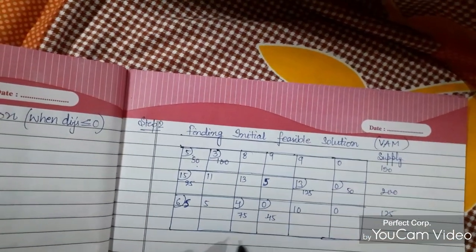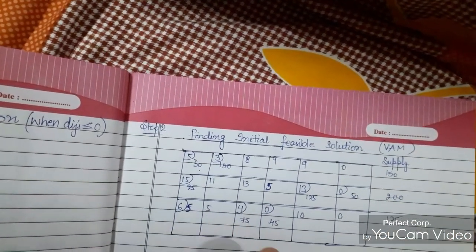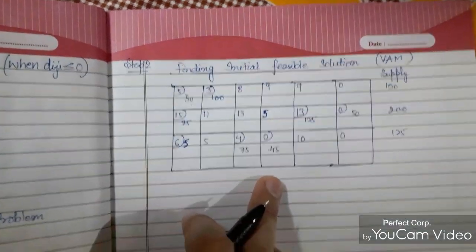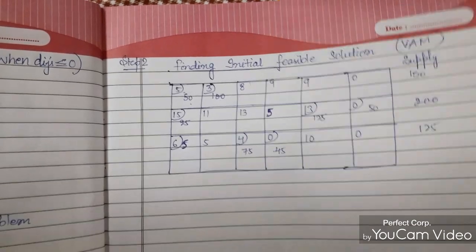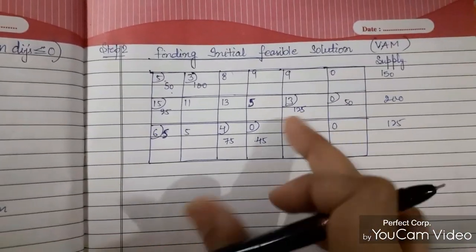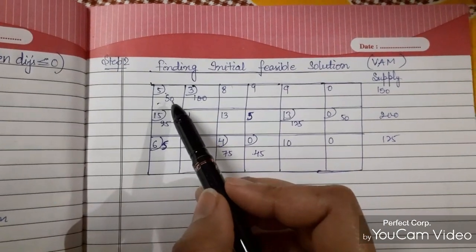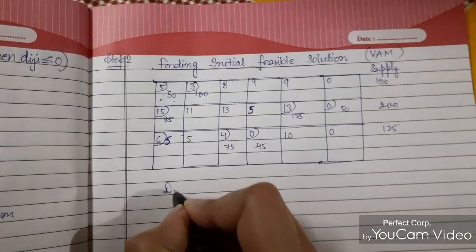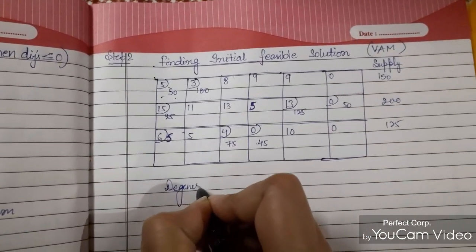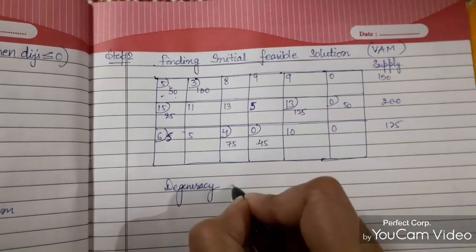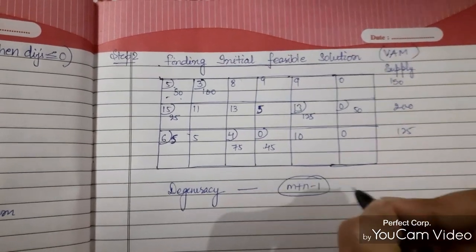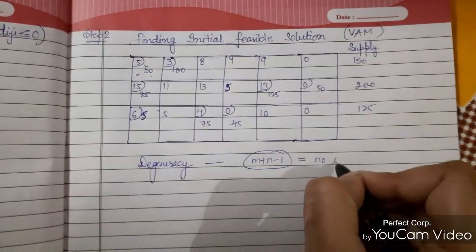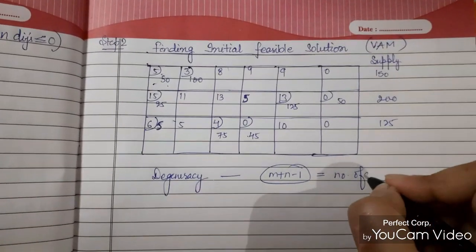We will count the number of allocations before continuing, so that we can check whether there is a degeneracy problem or not. To check the degeneracy, the condition we apply is that m plus n minus 1 should be equal to the number of allocations, right?